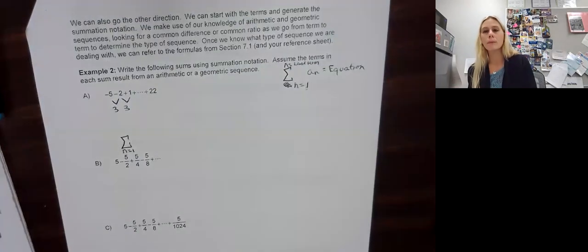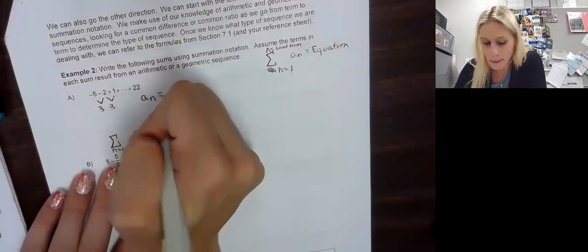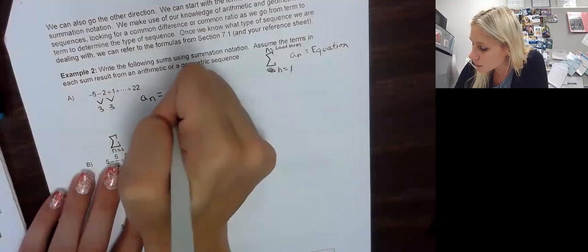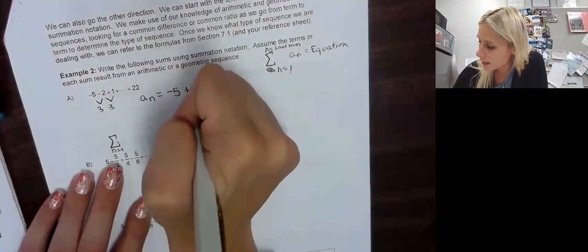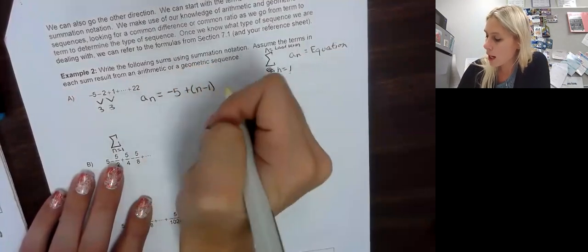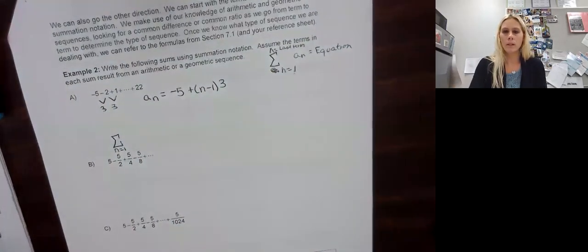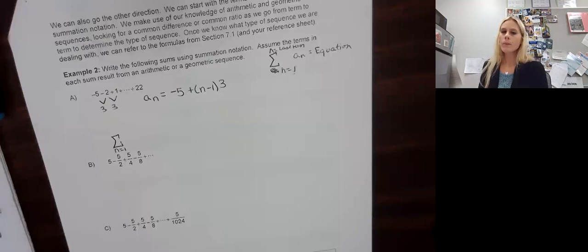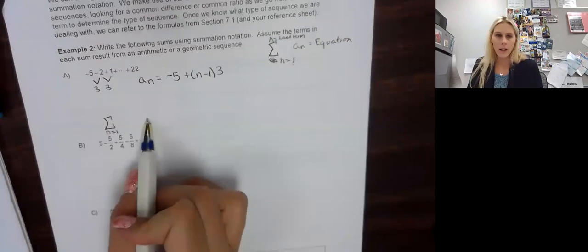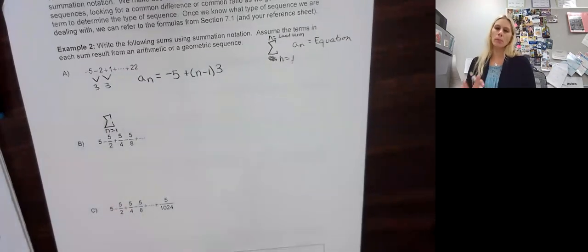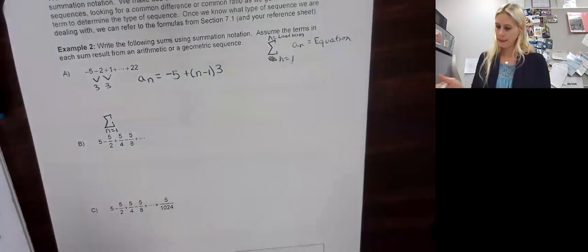And if you remember from 7.1, that means A sub n equals our first term value plus n minus 1 times our common difference, which in this case is 3. All right, so could I put this equation in right here? Yes, or I could do the simplifying.